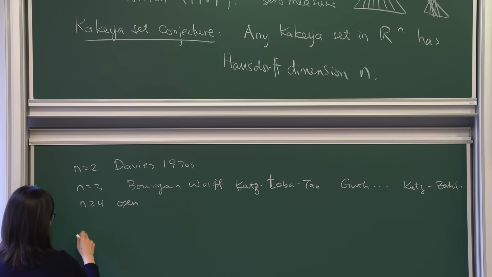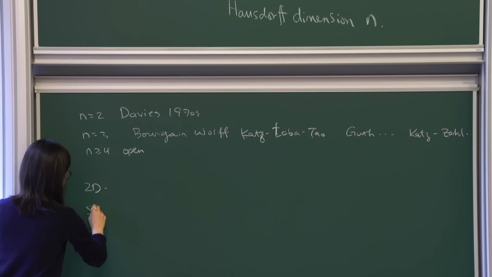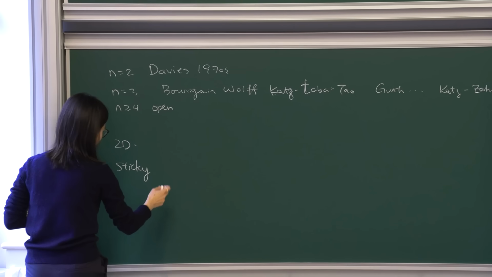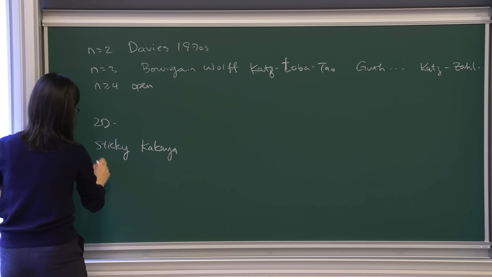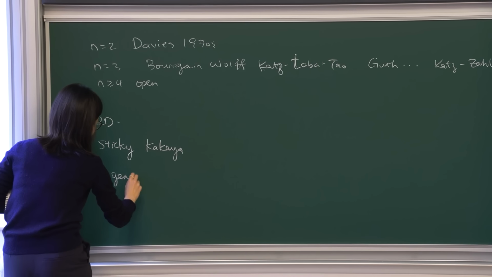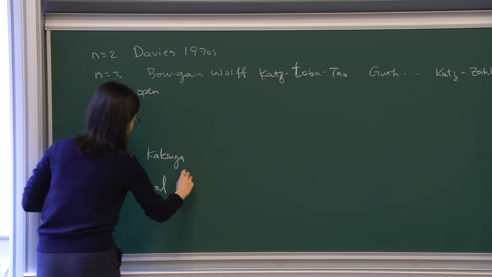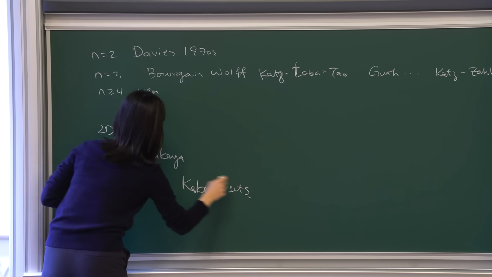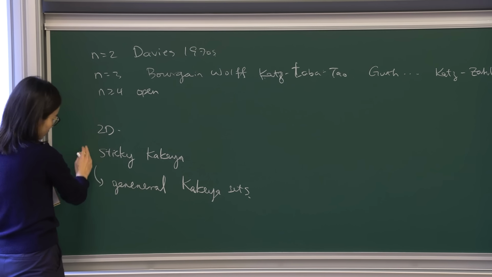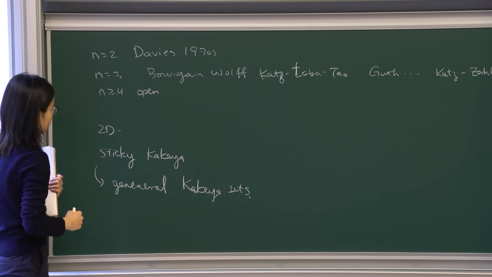So the plan is a 2D case, and then the proof is decomposed into the sticky Kakeya set and the general Kakeya set. For today, we are going to go through 2D and some of the ideas in the sticky Kakeya sets.